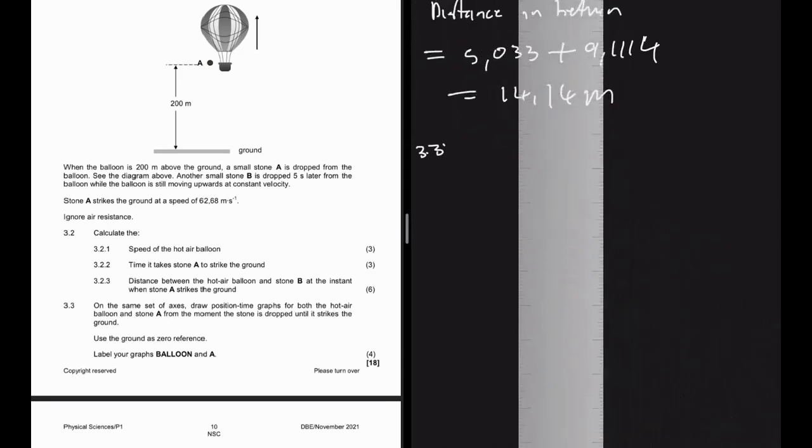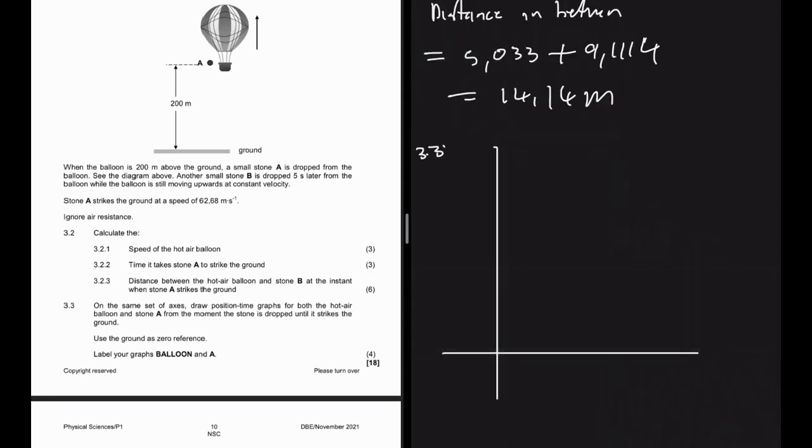this is my ruler, my x-axis. So let's say this is 200 meters where stone A is dropped, right? And then what happens to the balloon? The balloon keeps going up at constant velocity, right? So here we're gonna have our graph for the balloon, which we are told we should label balloon.